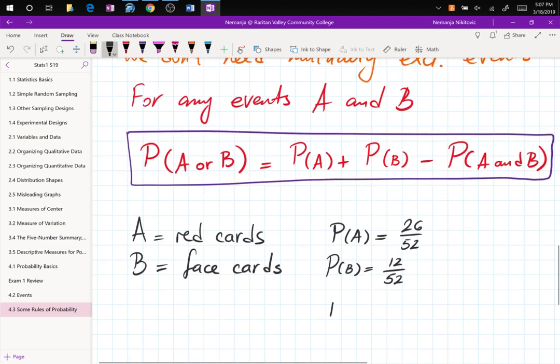The probability of A and B are the 6 red face cards that are both.